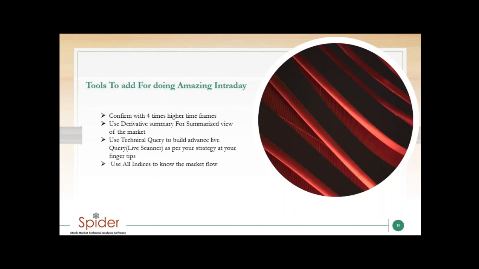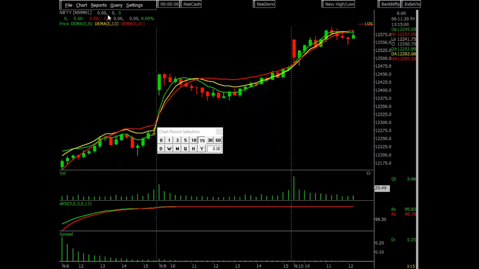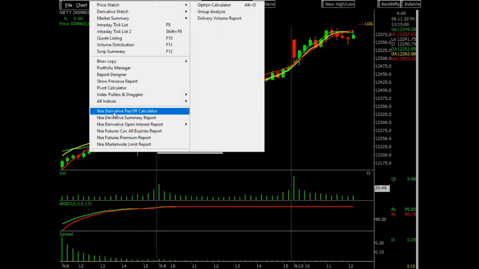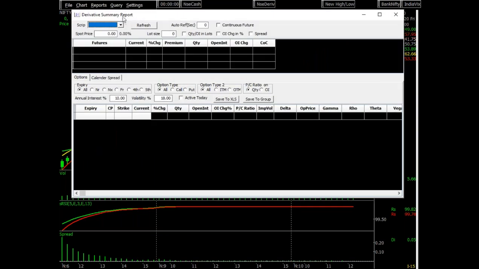I'm specifically pointing out derivatives for options, for FNO. If this was a live market, you can easily, on an EOD basis also, use action replay to find out what would happen.